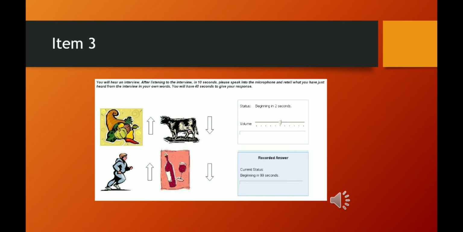All right, so let's see and try to make notes and try to understand this information. Keep in mind this image, the fruits, the running guy, and bottles, and cows here. It's talking about these things here.